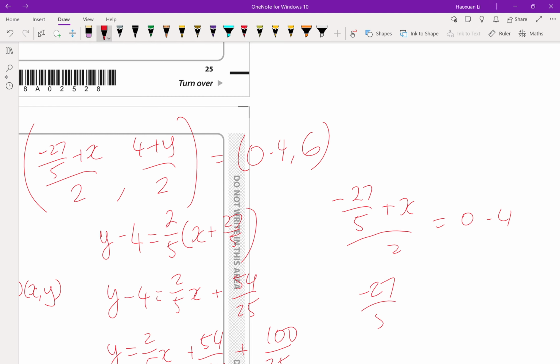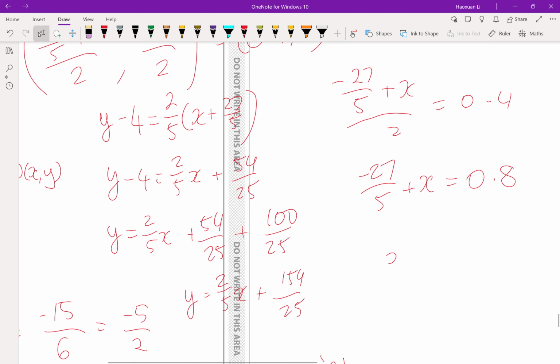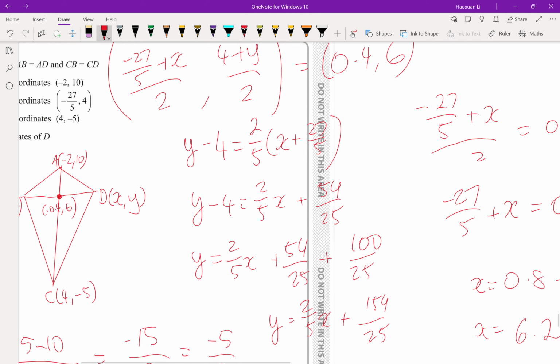so this will be equal to 0.8. So x equal to 0.8 minus 27.5. So that will be 6.2. So that part is, we'll get 6.2.